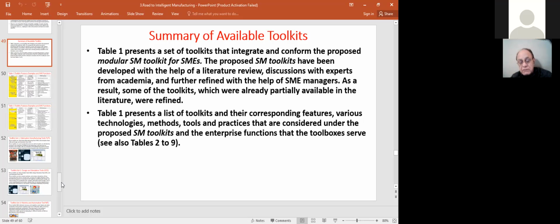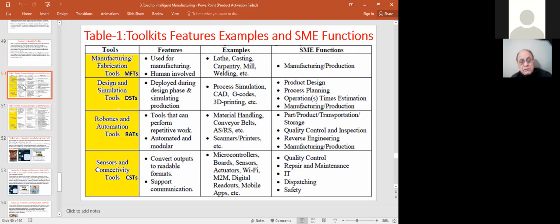You go step by step, introduce these toolkits, and go on the road of intelligent manufacturing in your small to medium size enterprises. And the first toolkit is called MFTs, which is manufacturing fabrication tools.